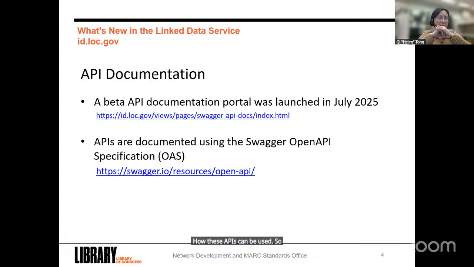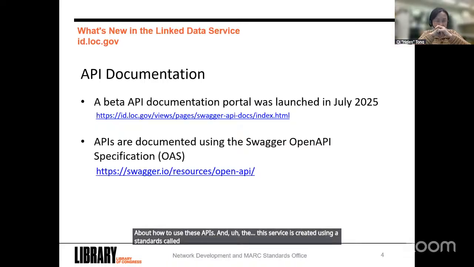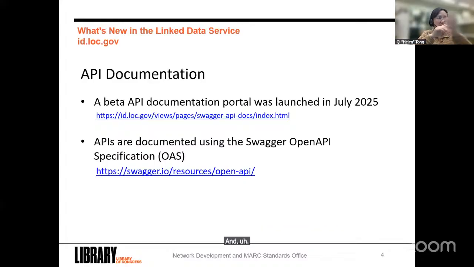So we created a portal to provide formal documentation about how to use these APIs. This service is created using a standard called the OpenAPI standard and Swagger. These are the links to the new service we created and the standards we used.